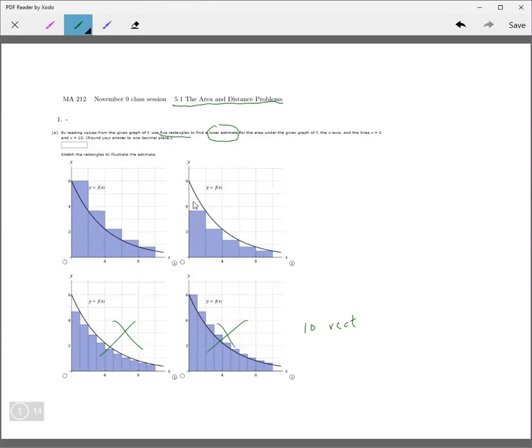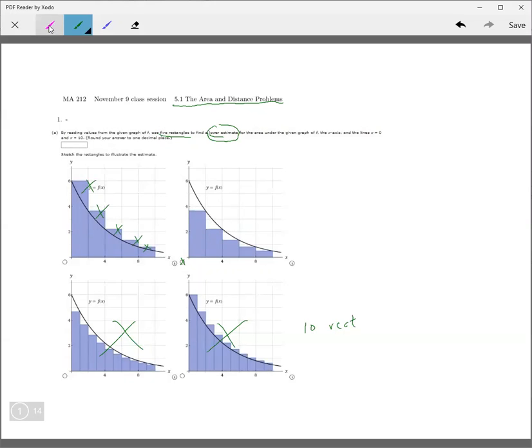But if you find the area of these rectangles, that's going to be less than the area under the curve, because you can see that this rectangle is less than the area right there under the curve, and so on. So this graph will give us a lower estimate, and it's got 5 rectangles. This will also give us a lower estimate, but it's got 10. So this is the one we go with. These are above, so that's not going to work.